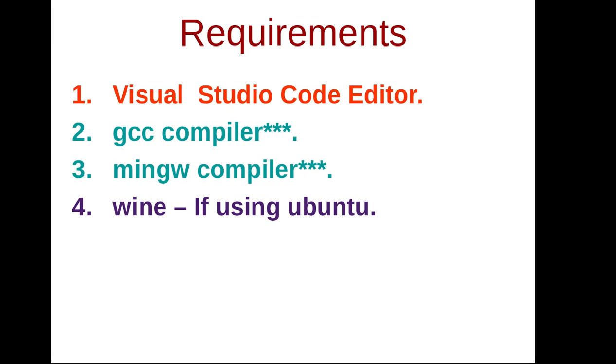Since I am using the Ubuntu operating system here, I would require the MinGW compiler for running the file for the Windows operating system. And for doing that, I am using the Wine software. This software is required only if you are using the Ubuntu operating system.